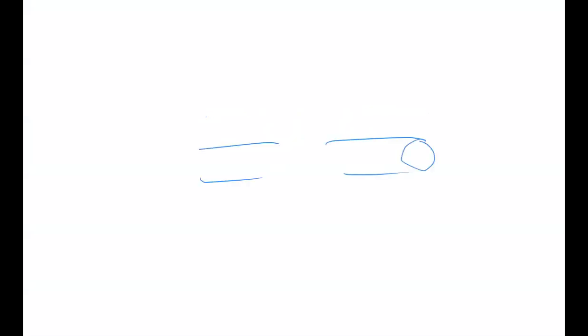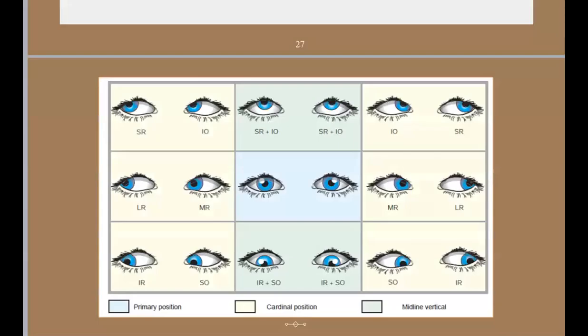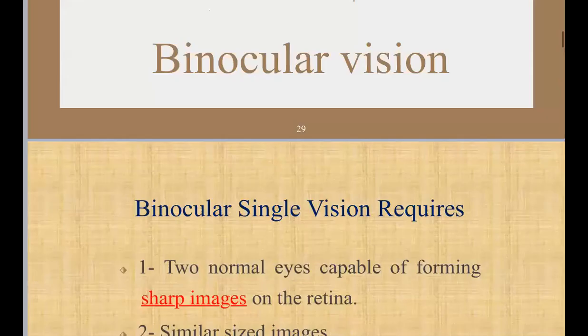Divergence means the eyes move opposite to each other, but outward: the right eye will go to the right and the left eye will go to the left. This is called divergence. So conjugate movement means that both eyes move in the same direction, but disjugate movement means that both eyes move in the opposite direction.